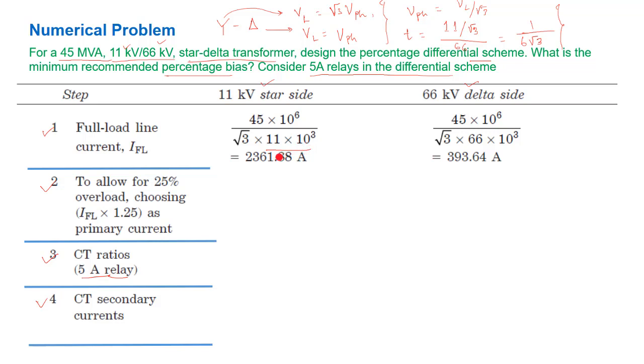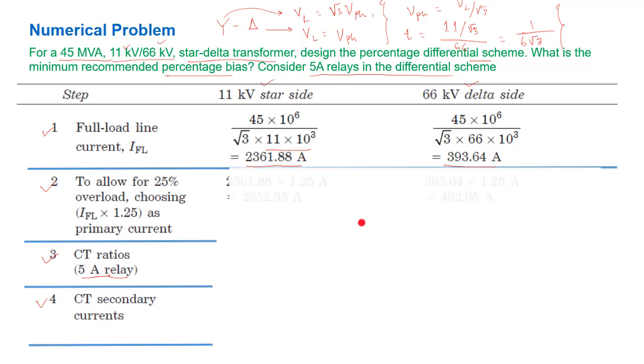So, therefore, root 3 into 11 kV, and your current value is 2361.88 ampere. Similarly, if we find the 66 kV delta side current, we will just divide 45 MVA by root 3 into 66 into 10 to the power 3. So, it will become 393.64 ampere.